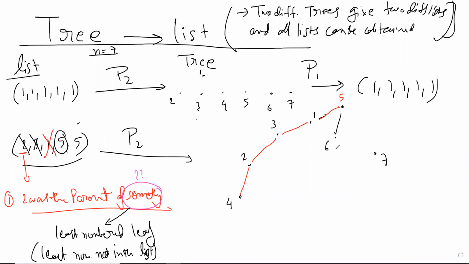But why should 6 and 7 be joined is not clear. Right? Because if you are going to execute this algorithm, that's a minor point, but one has to make that clear.